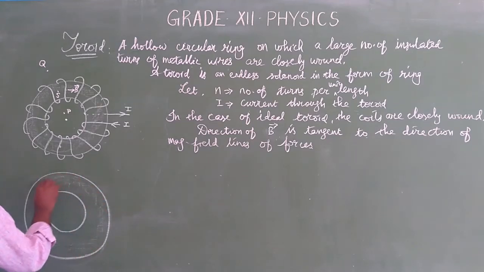We have the three points. This is the exact center, and the points are P, S, and Q. These are the three points we are considering.